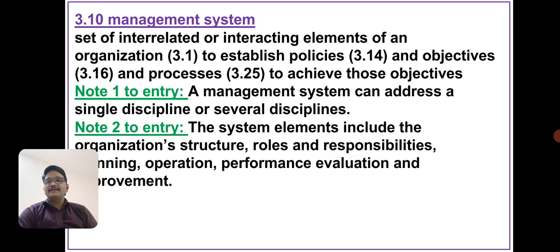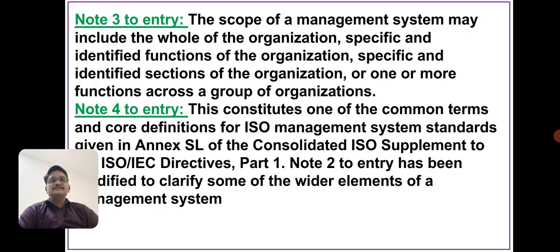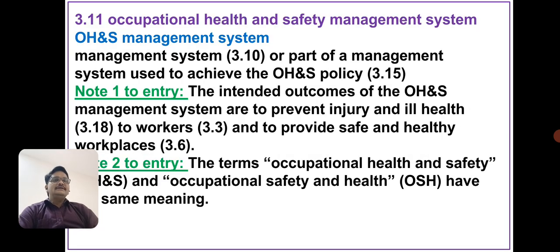A management system can address a single discipline or several disciplines. The scope of a management system may include the whole of the organization, specific identified functions of the organization, specific identified sections of the organization, or one or more functions across a group of organizations. Next is the occupational health and safety management system, meaning OHS management system.